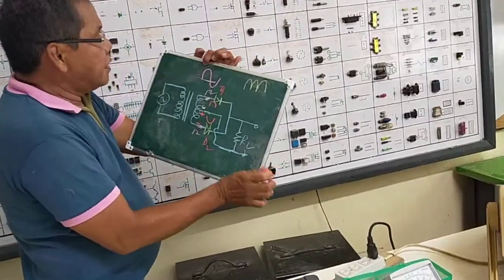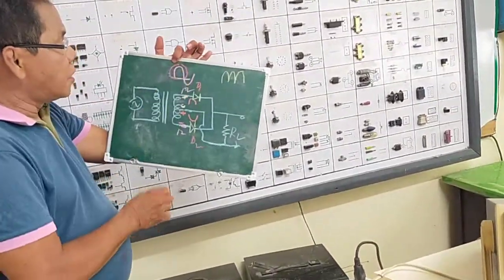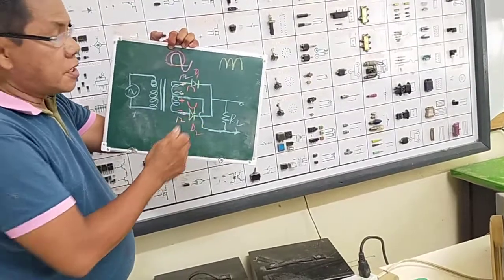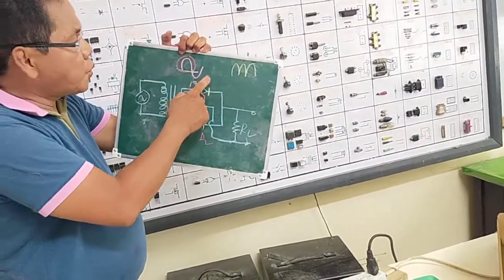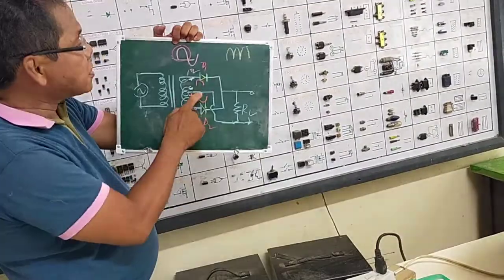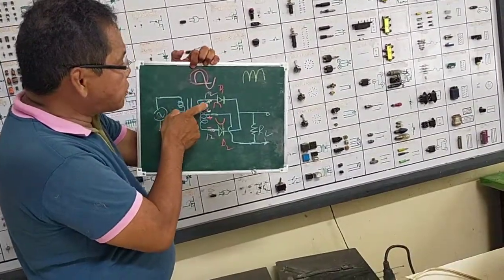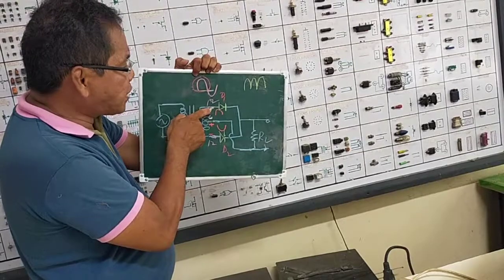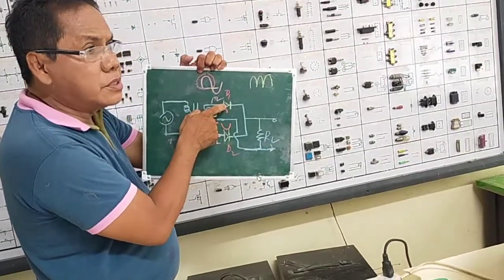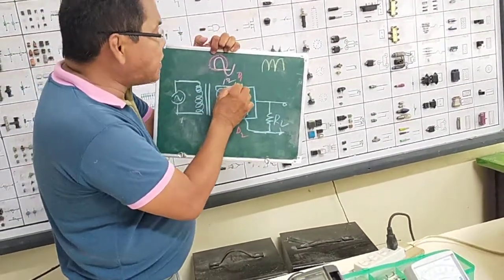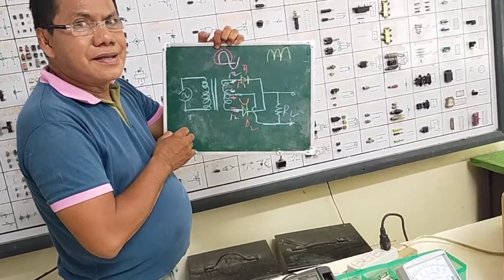Okay. And in this first half cycle, which of these two diodes is conducting? Diode 1 or diode 2? It is diode 1 because secondary voltage is positive over here, which is connected to the anode of this diode, diode 1. This diode conducts. It is closed.